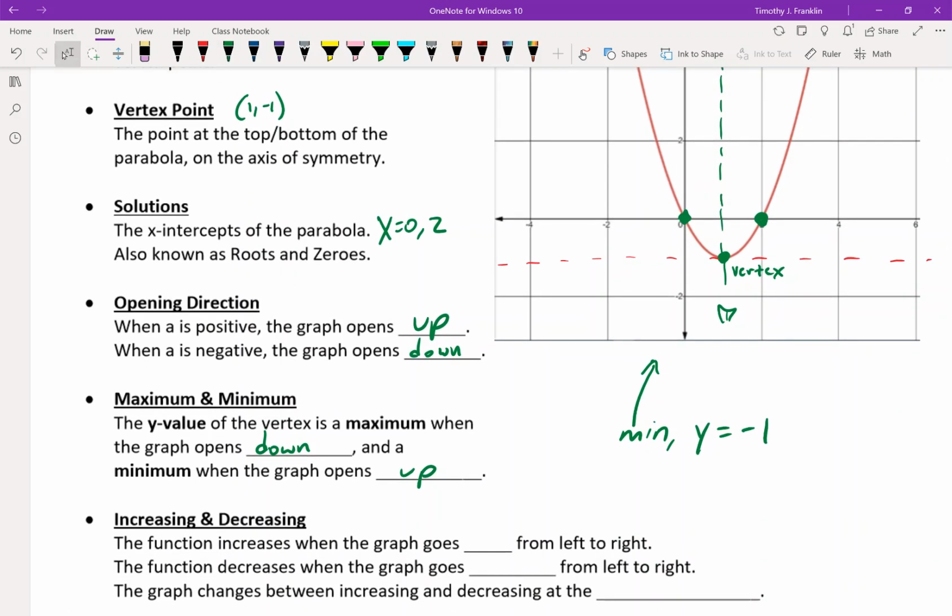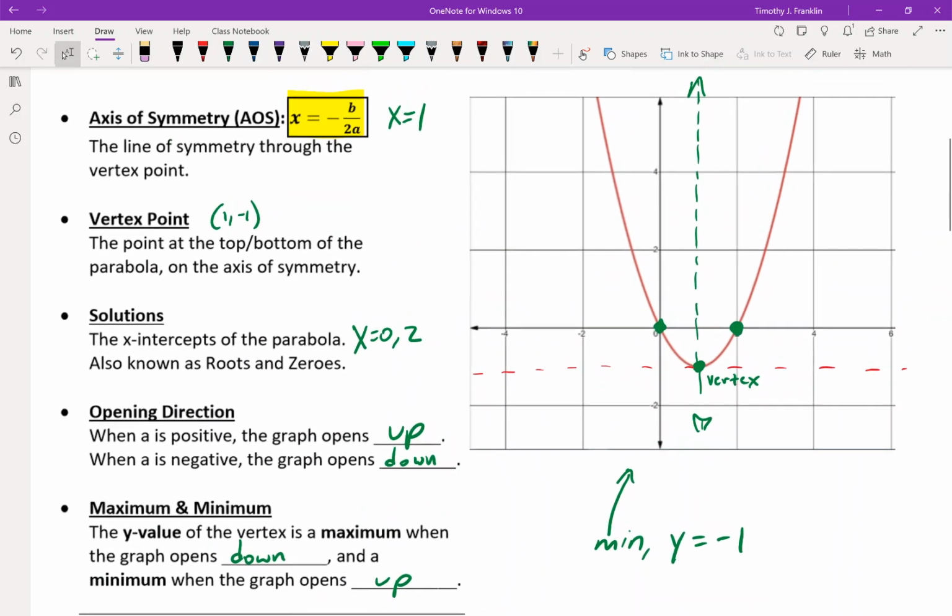And then increasing and decreasing. So this is where if you look at the shape of the graph, and you can just go from left to right, and you can see that from left to right, the graph is going down. It's decreasing on this side, and then it's going back up on this side. And that can be tricky because sometimes we draw these with arrows, right, here and here. So you might think it's increasing on both sides.